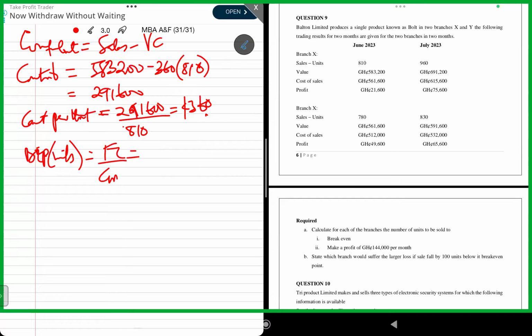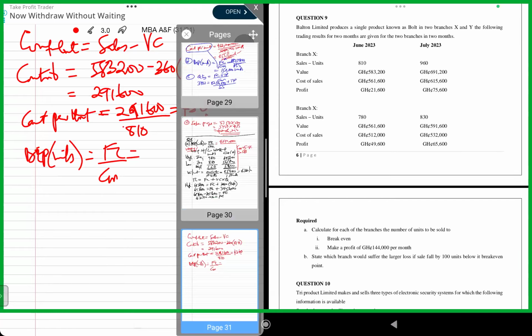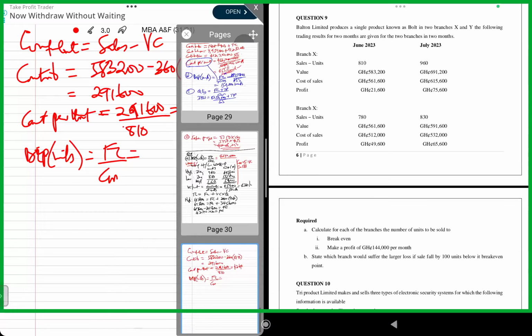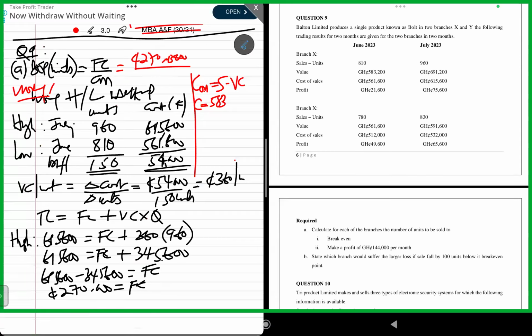What is our fixed cost? What value did we obtain for the fixed cost? Page 30. Our fixed cost was 270,000, right?